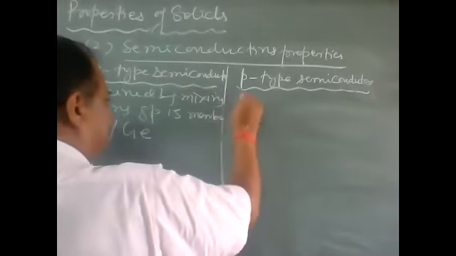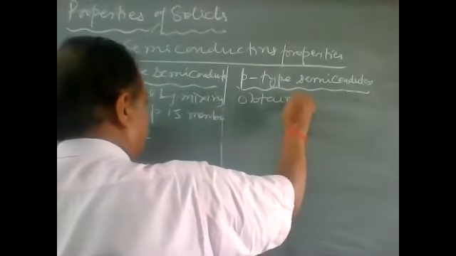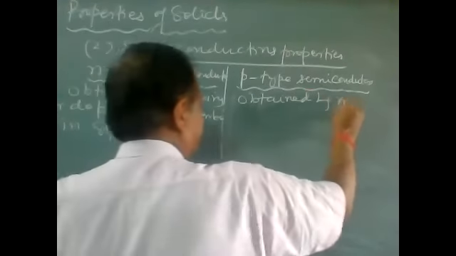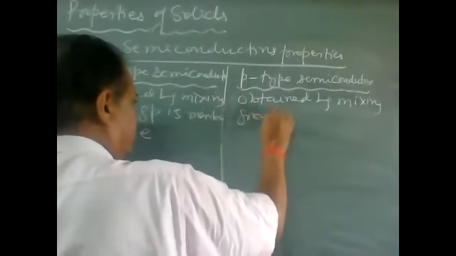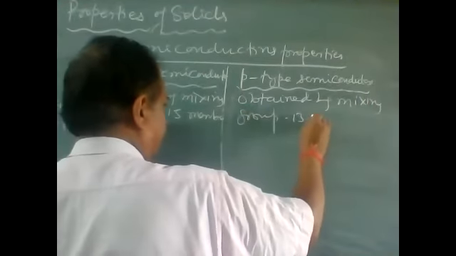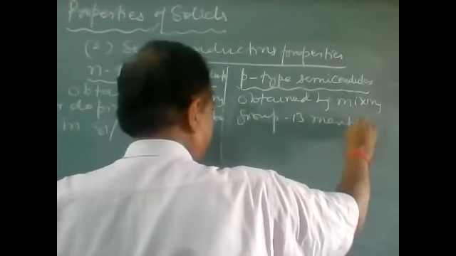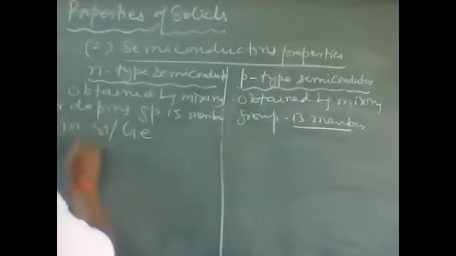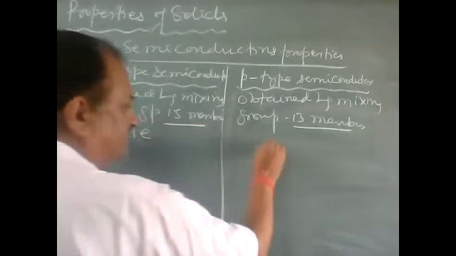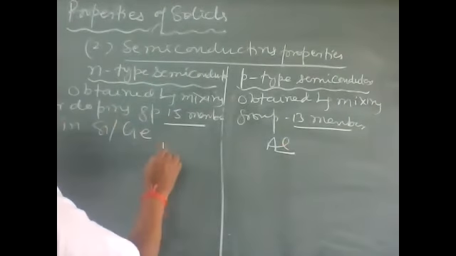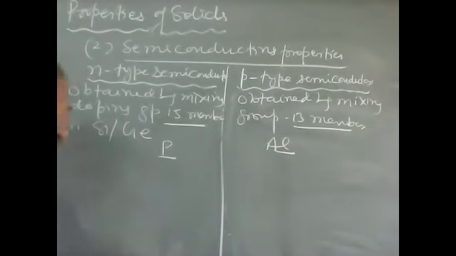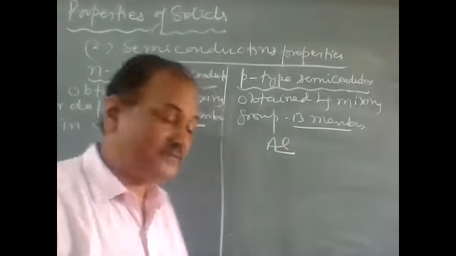P-type is obtained by mixing a group 13 member. Group 13, you know, is aluminium. Group 15 is phosphorus. And how is it there?